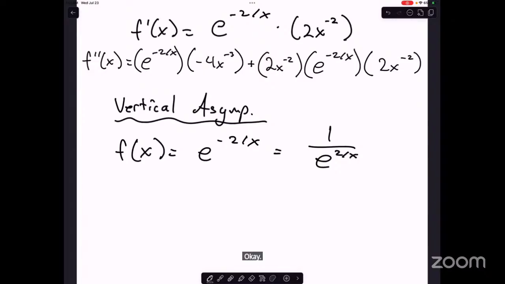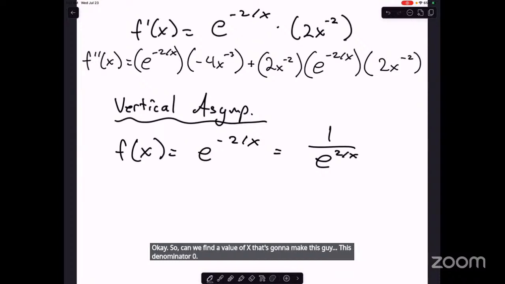Can we find a value of x that's going to make this denominator 0? Let's set it equal to 0 and solve.